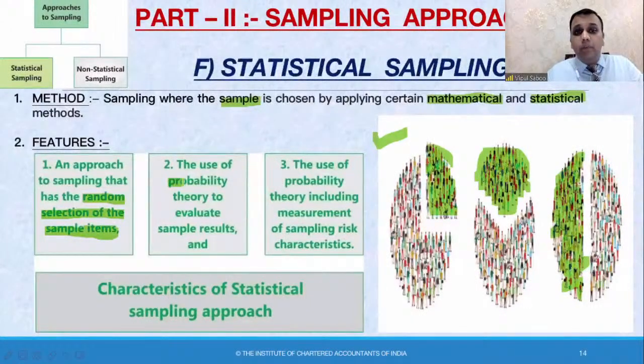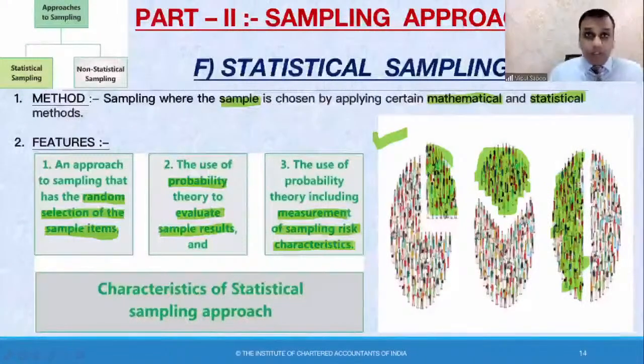We use the probability theory to evaluate sample results, and the use of probability theory including measurement of sampling risk characteristics. We'll come to what is sampling risk. So when we use a mathematical or statistical technique in sampling, it is called statistical sampling.